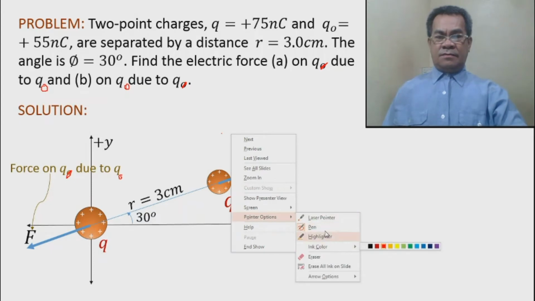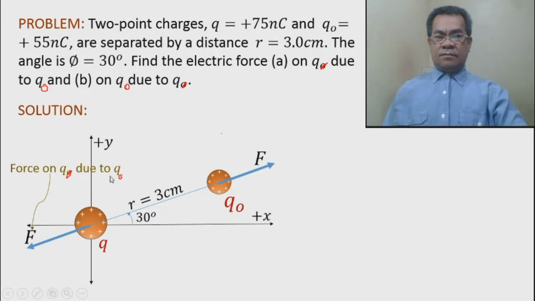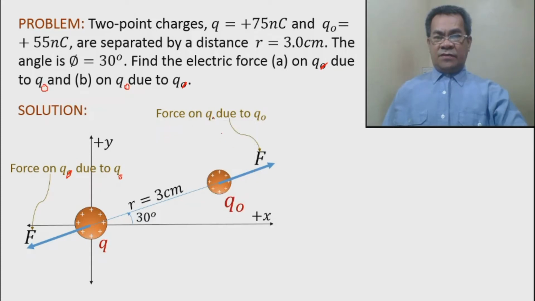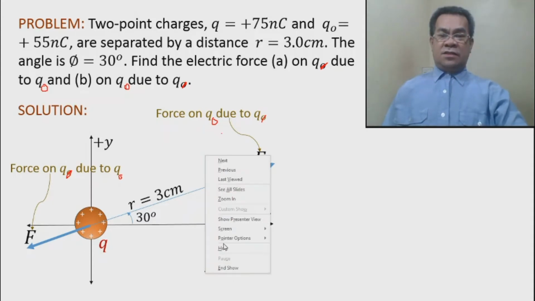Again, we have to change this one to avoid confusion. This should be Q, and this should be Q naught. Force on Q naught due to this charge.